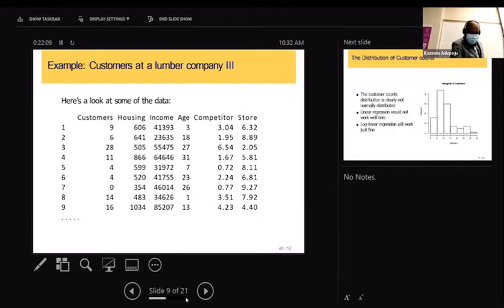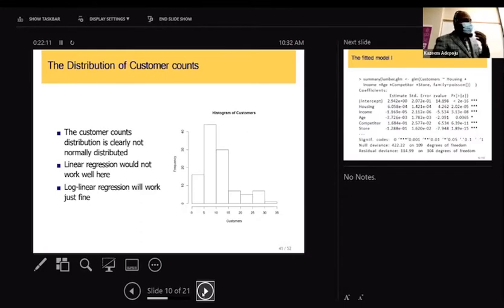Now, take a look at this data set. You know what I'm trying to do now? For us to be able to justify that linear regression is not suitable, not appropriate, we look at the histogram of the response. Before you can use a linear regression, of course, the histogram of the response has to be normal.